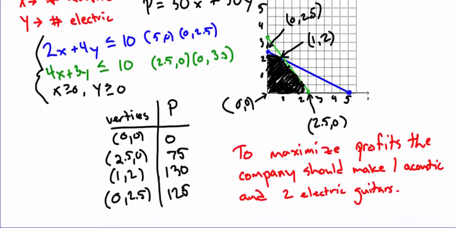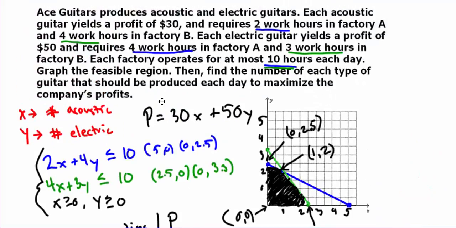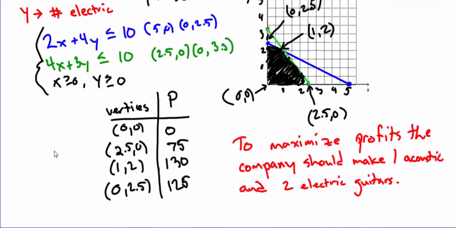And you can see I also put the laws of nature in. We're not going to have negative guitars. One thing that I had to debate when I was working through this problem was, can you have 2.5 guitars? You know, we have 2 points that are 2.5, 0, and then 0, 2.5. And I would argue in this kind of a situation, the answer is yes, because essentially we're talking about one day, right?